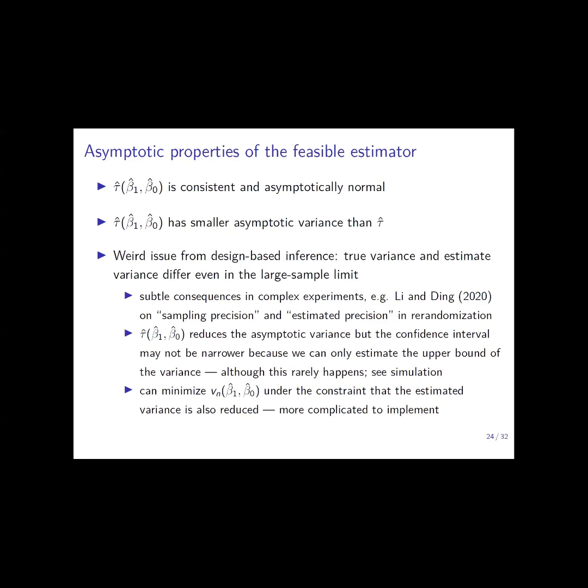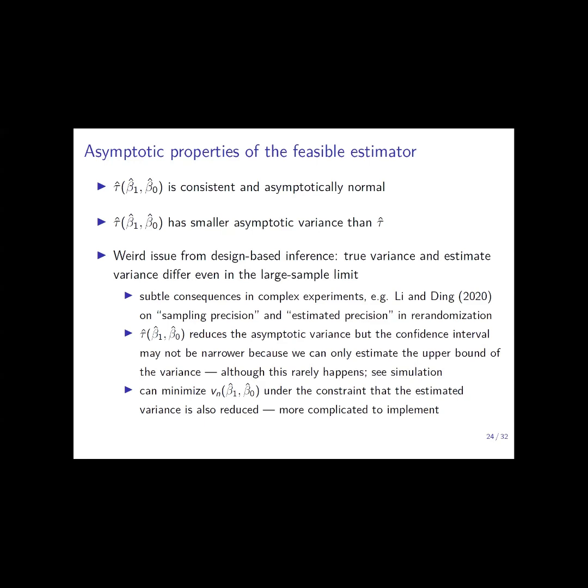This phenomenon was also observed in some simpler settings. We introduced notions called sampling precision and estimated precision. Sampling precision means the true asymptotic variance is smaller, so it's more precise, but the estimated one, due to the confidence interval construction, may not be in the same direction. But you can solve this problem if you really care. We don't really care about this because we want to propose something simple to implement.